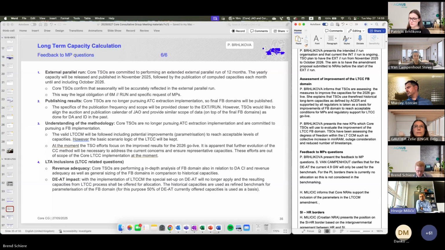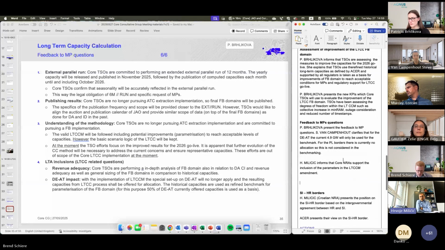And the question is, in this external parallel run, will TSOs include all the bids on the borders that are competing with each other? I mean, in the flow-based allocation, we know that all bids are competitive one to each other. So I'm just checking, will this be somehow enabled during this external parallel run?